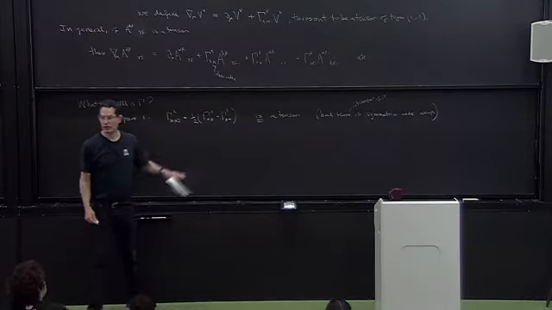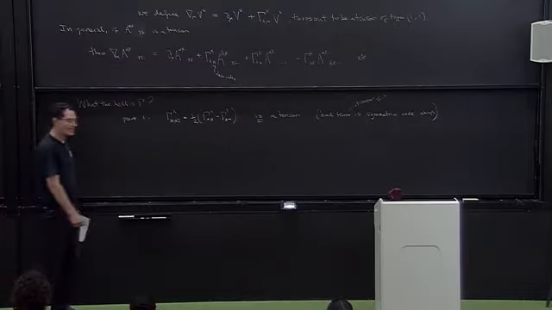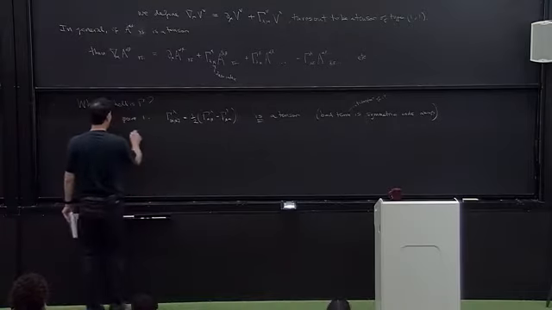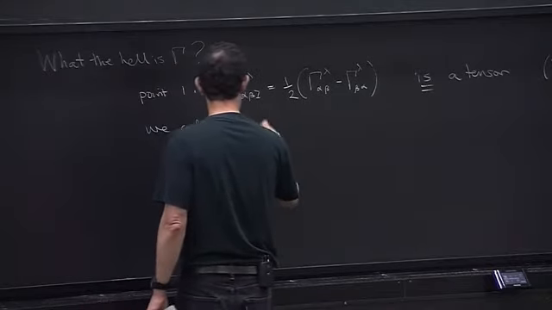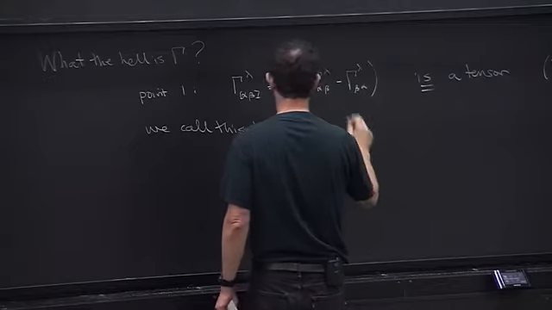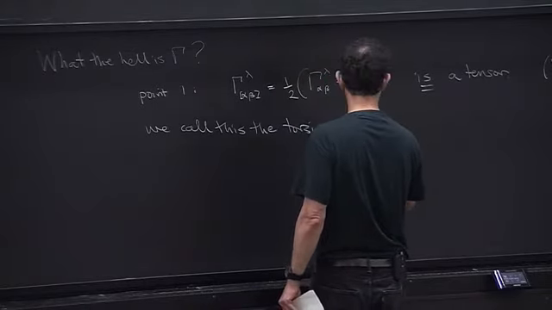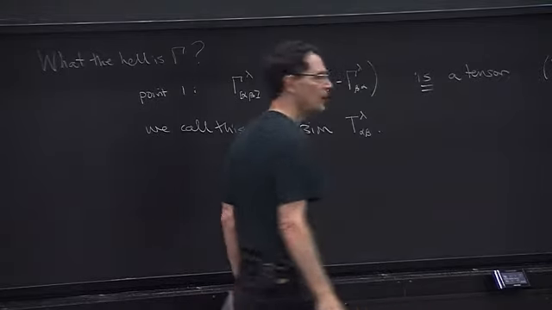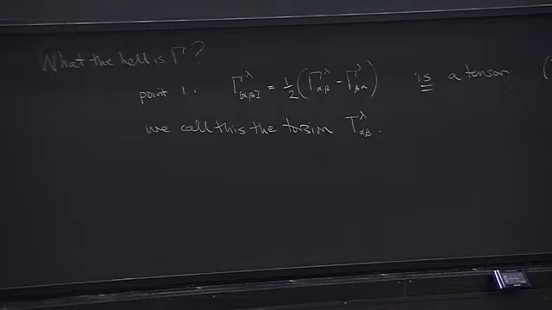All right, because it is a tensor, it deserves a name. We call this the torsion, T lambda alpha beta. A tensor with three indices, antisymmetric under the lower two.